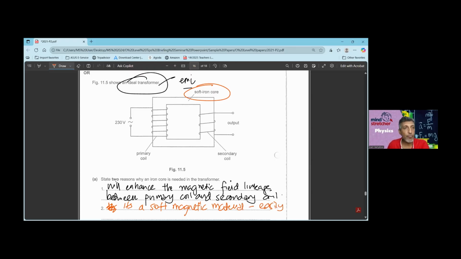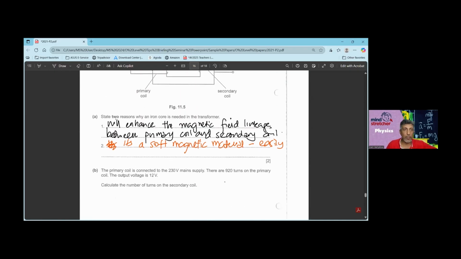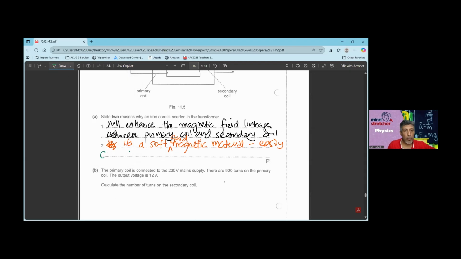It's a good magnetic material, so it can easily change polarity. Polarity means direction.